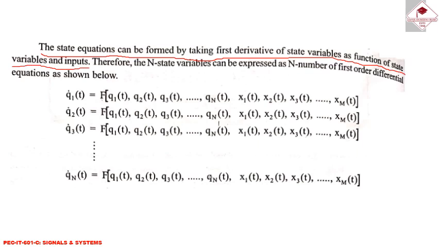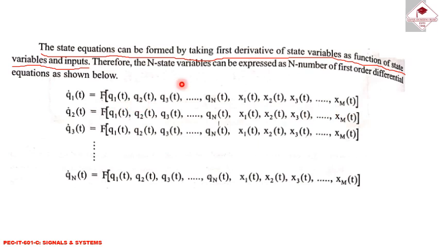Here the derivative is denoted by q1 dot, that is q1 dot of t, and it is a function of the state variables as well as the inputs x1, x2, x3 up to xm of t.